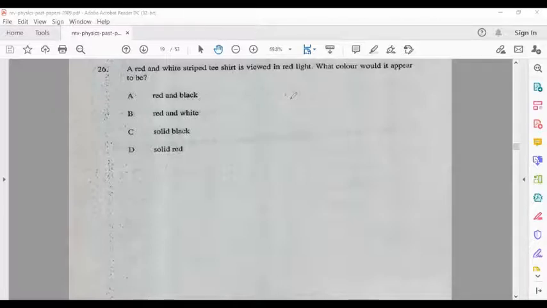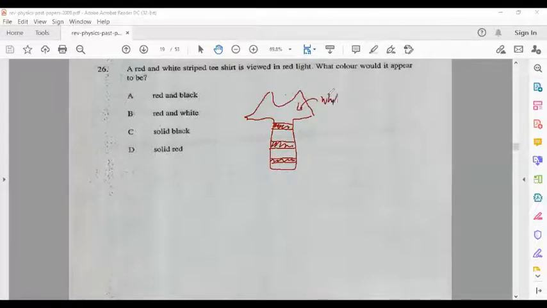Okay, so let's look at each one of these. So if the shirt is a red and white striped shirt, that means we have strips of red, and all the other parts of the shirt are white, and these portions are red, and it's being viewed in red light.